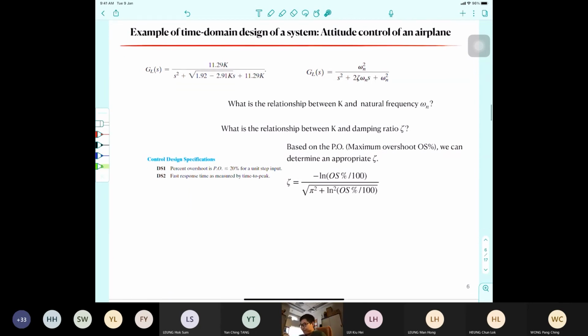So here, we know to design the system is to find K, right?